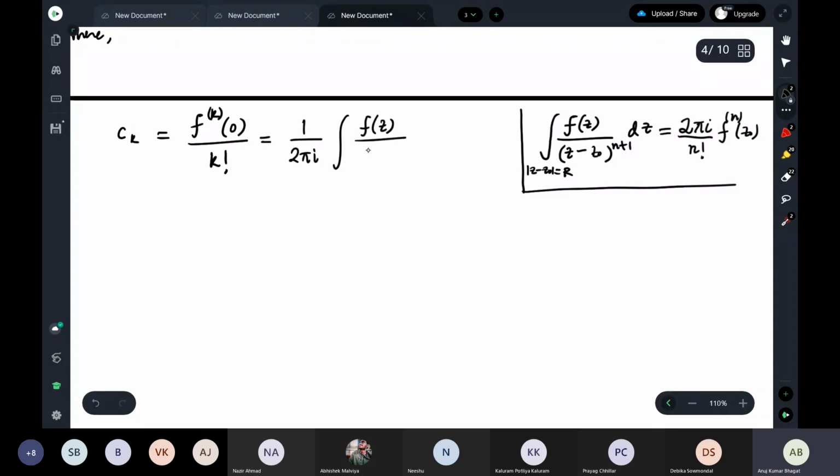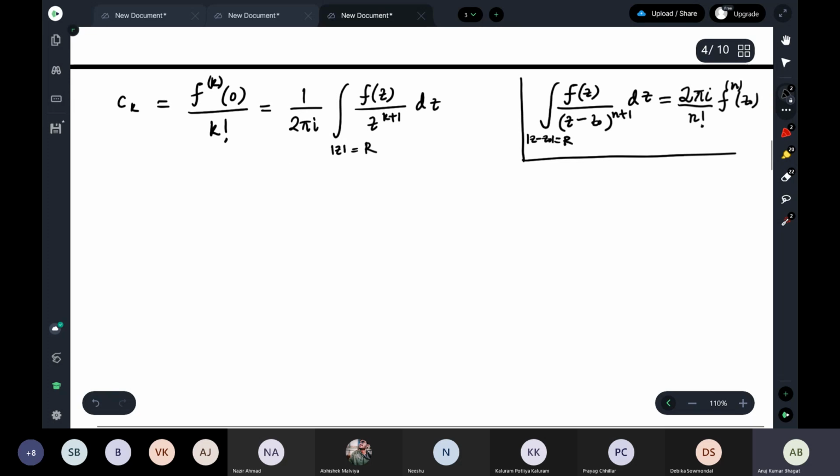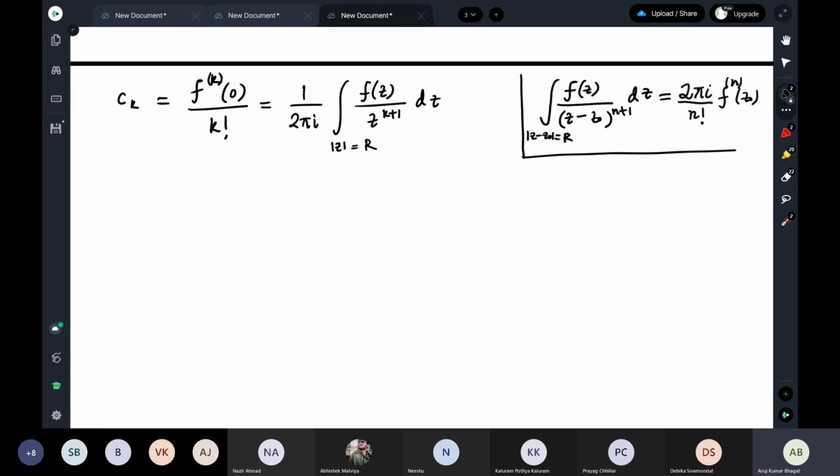So this will become z to the power k plus 1 dz, and here modulus of z is r, where r is any number more than 0, and that will definitely imply that the origin is inside this circle. Do you agree with me what I've written here? Yes. So this will hold.